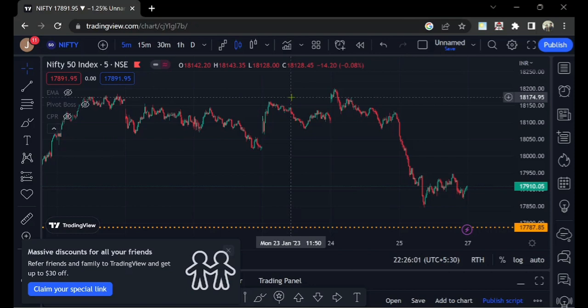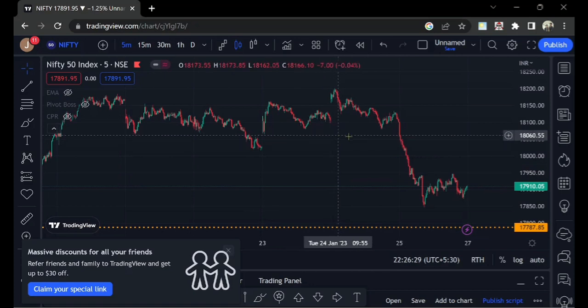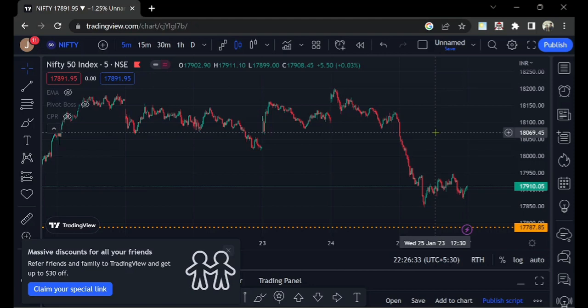If you apply a CPR in your trading terminal, when the market is opening, you can't see the entire line using this CPR. You just get one dot of CPR, one dot in resistance, one dot in support, and when the candles are formed, this dot will extend and form a line.